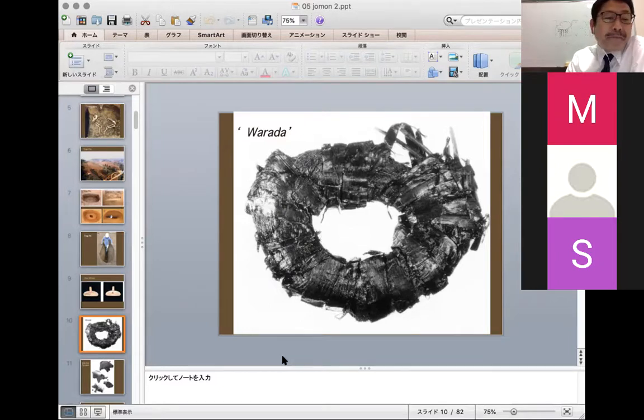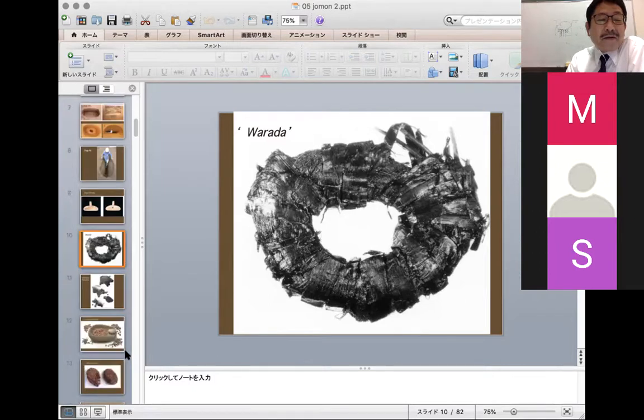Isn't it amazing? Everything was invented for efficiency, more efficiency of hunting and catching food sources, animal food sources, and so on. So there are that kind of people.